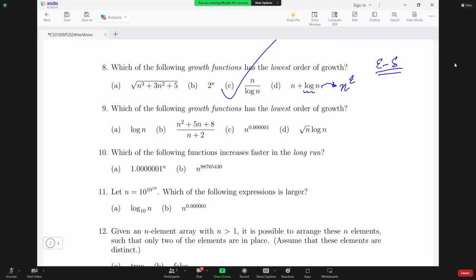Even 0.000 with many zeros, our epsilon still could be smaller than that. We have this special property for epsilon. So we use n to the epsilon, but epsilon is greater than 0. We never say epsilon equals 0. Epsilon must be strictly greater than 0. It could be very close to 0, but never be 0.